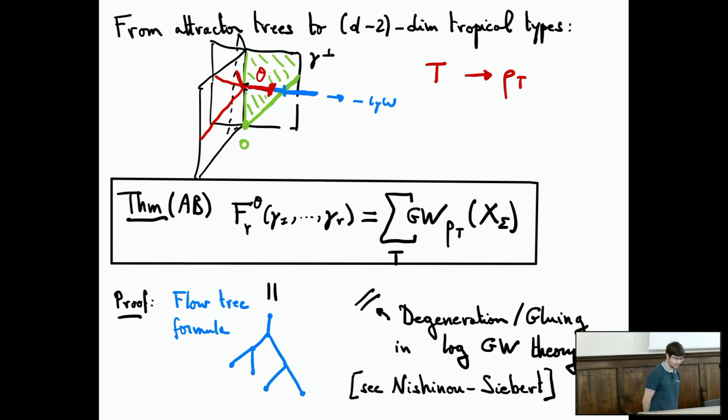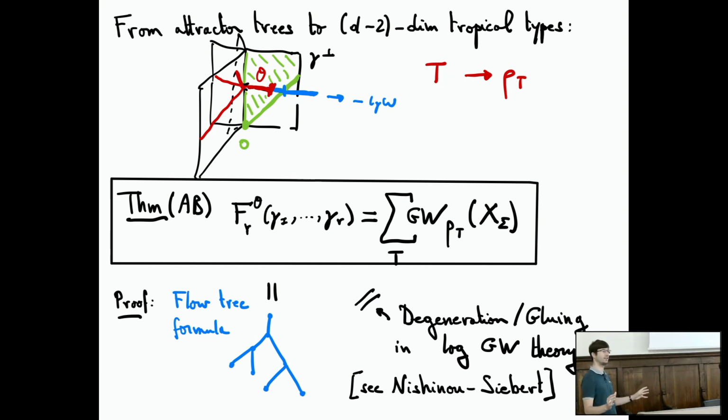And now the second thing I can do is look at essentially the chamber inside gamma perp. So remember there's this wall and chamber structure coming from the walls intersecting gamma perp, and I also have the fan decomposition of this space.